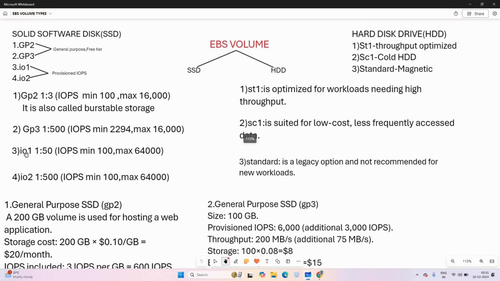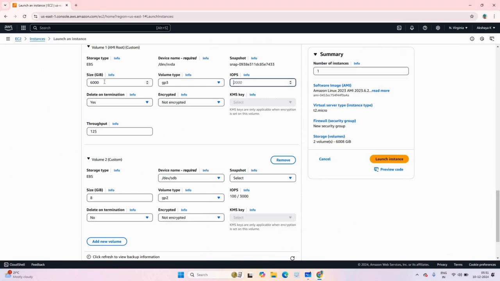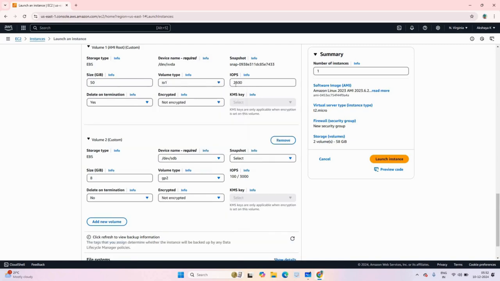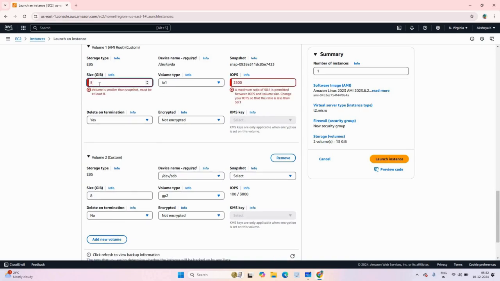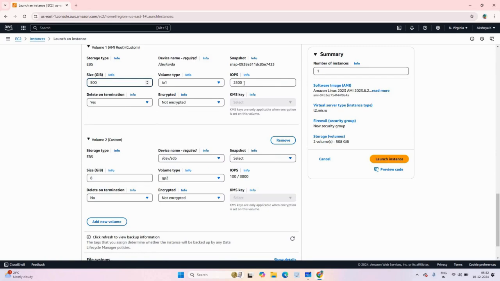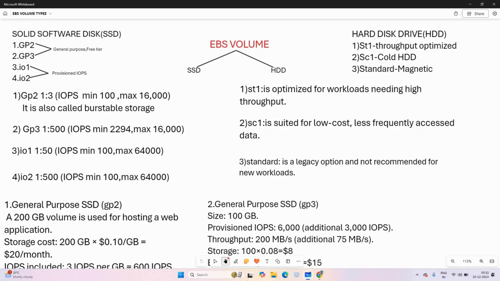And IO1 IOPS is 1:50. If we give 50, we get 2,500. The maximum IOPS is 64,000.